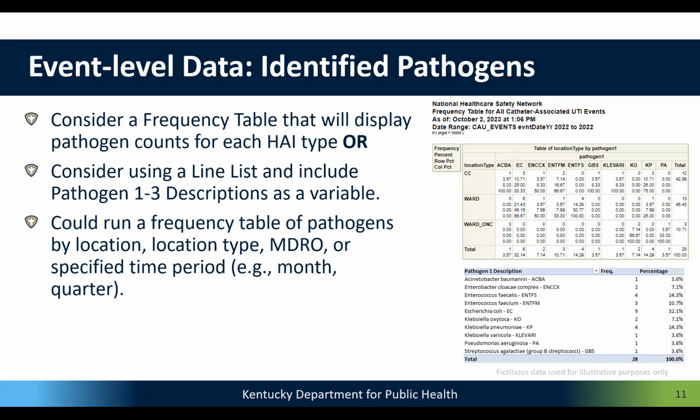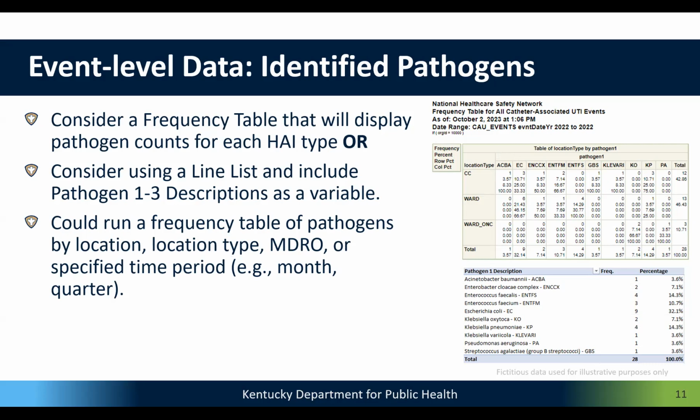For example, you can easily see how many cases of a particular pathogen were linked to a surgical site infection, urinary tract infection, or another type of HAI. This approach provides a clear and concise summary of pathogen distribution across different infection types.